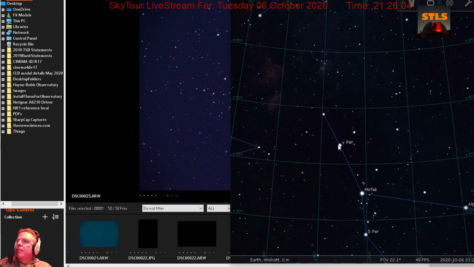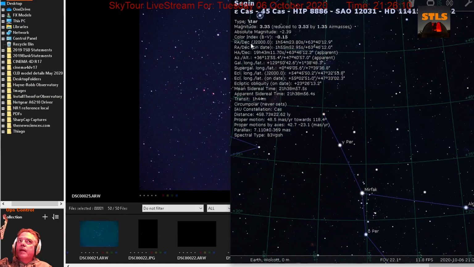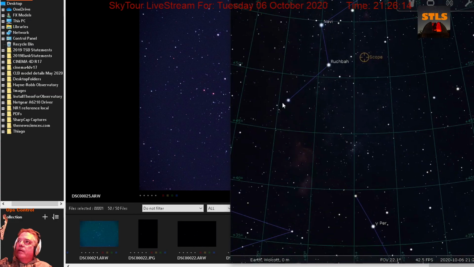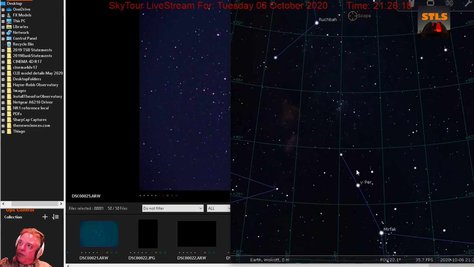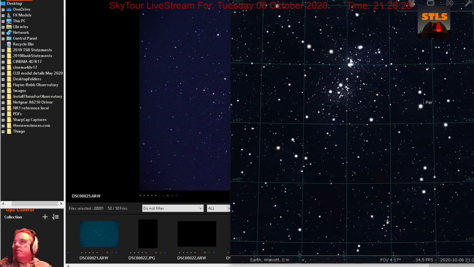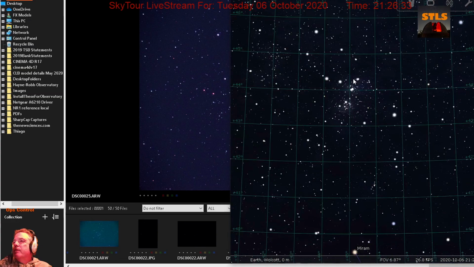You might see Gamma Persei, but it's really interesting because this is the end star in Cassiopeia right there. Okay, so that end star of the W, draw the line down to Perseus, and just look a little bit to one side. And there's the double cluster. You can't miss it. It's right there. You'll see it with your eyes, and you'll see it with a telescope. You'll see it with binoculars.